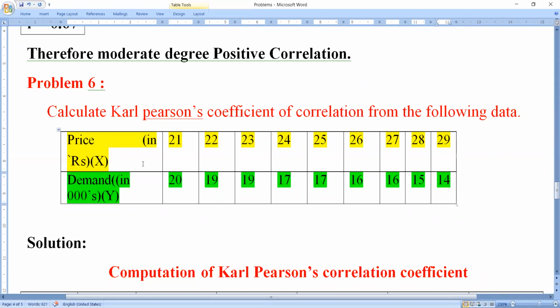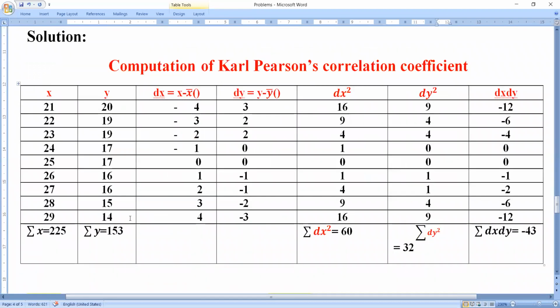So in this problem, what we need to find out is Karl Pearson's coefficient of correlation, or correlation coefficient. After that, see the solution.